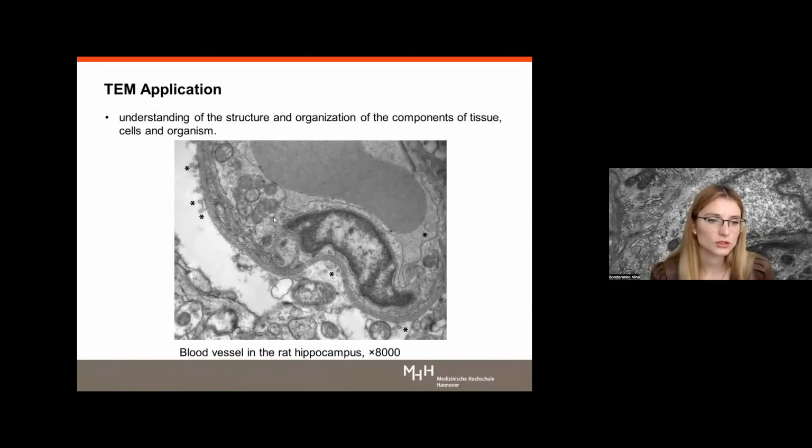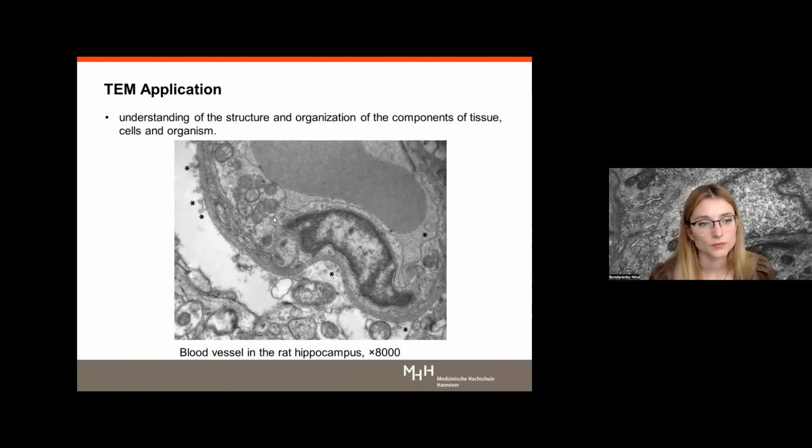And also TEM is very useful for understanding the structure and organization of the components of tissue, cells, and organisms, how these organelles and compartments coordinate with each other.